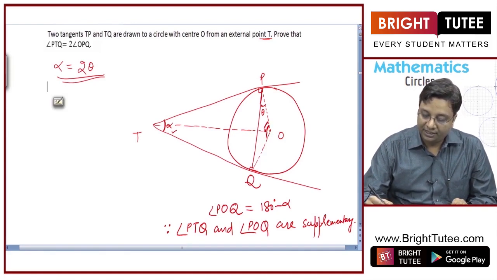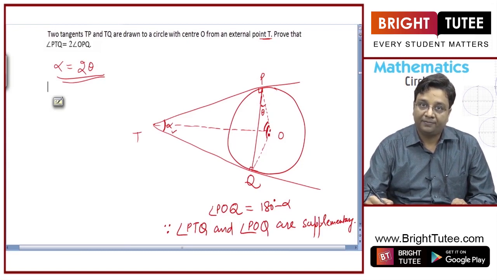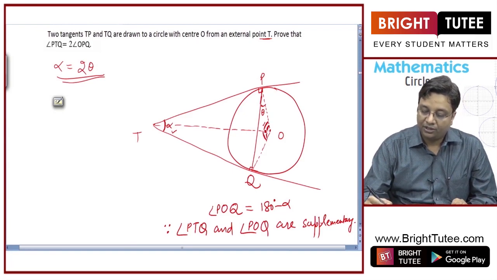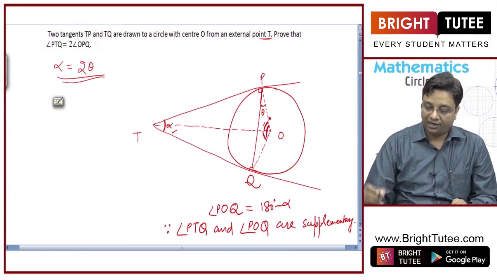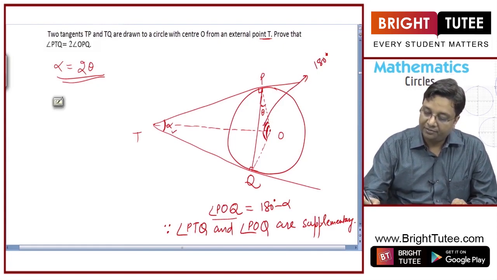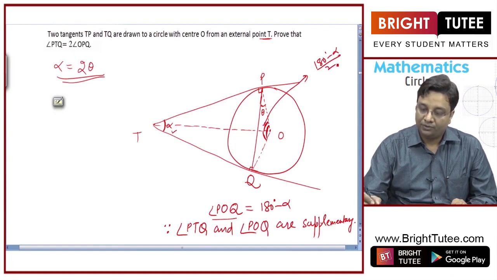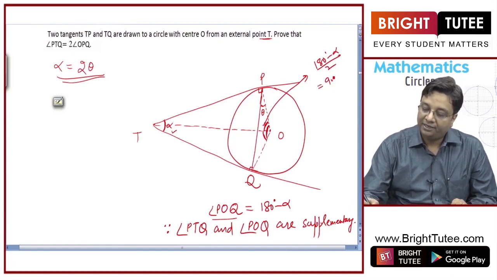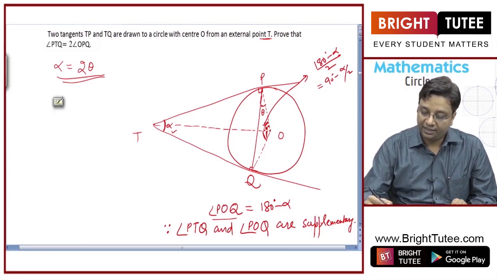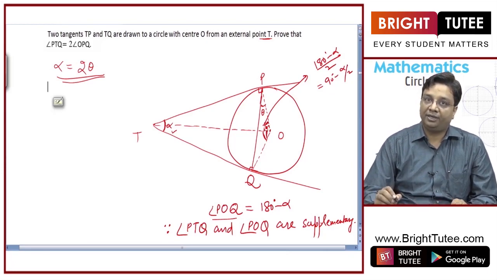Now if this angle is 180 minus alpha, what can you say about this angle? We know that this angle is just half of this angle, right? Why? Because we know that this angle is equal to this one. So if you take only this, it is half of angle POQ. So I can say that this angle here is (180 minus alpha) by 2, which is 90 minus alpha by 2.